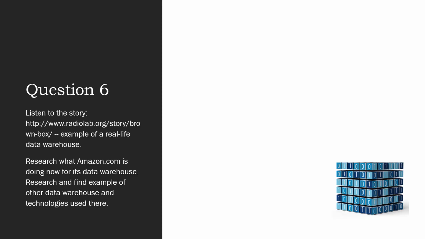Question 6 was a little different. The goal here was to listen to the story from Radiolab regarding a real-life data warehouse. Then to research what Amazon.com is using now for its data warehouse solutions, and to research and find examples of other data warehouse technologies being used.